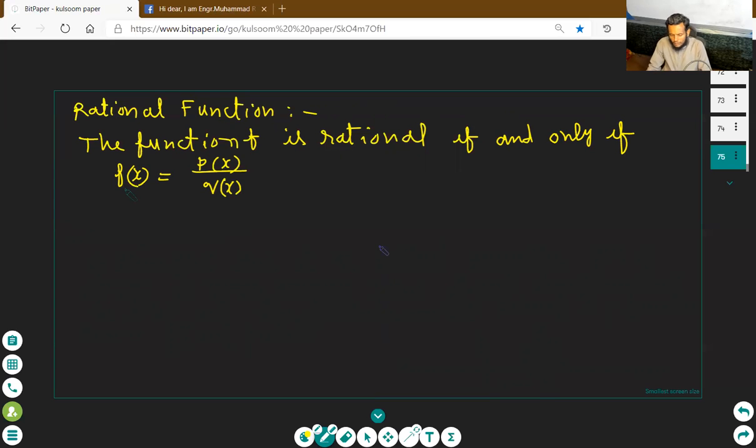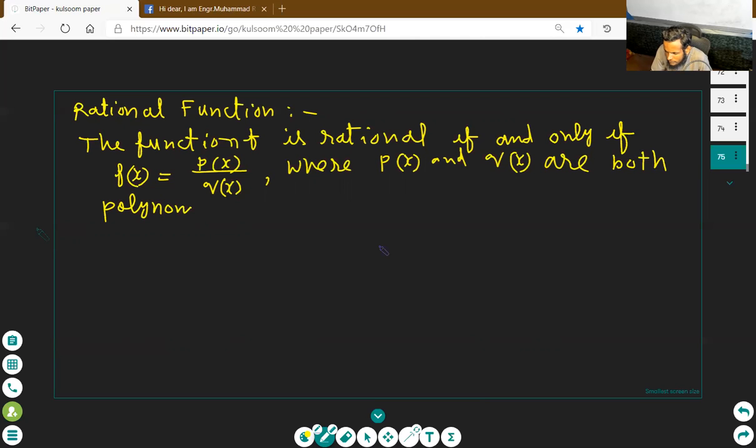We can also say rational fractions, because both P of x and Q of x are polynomials, where the denominator Q of x is not equal to 0.